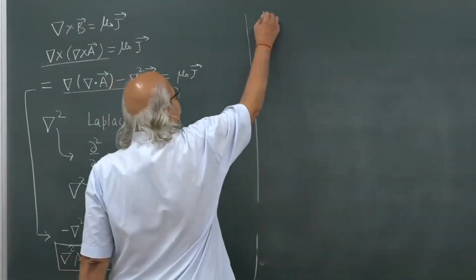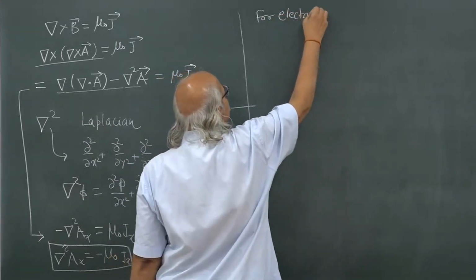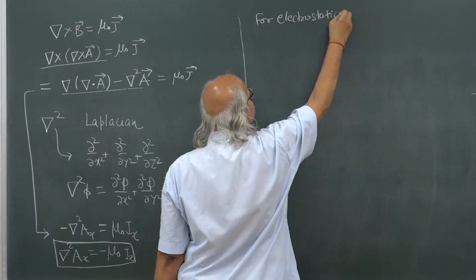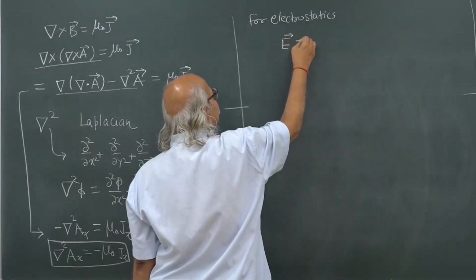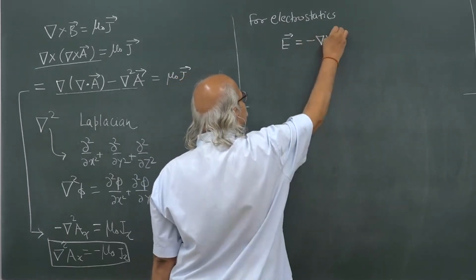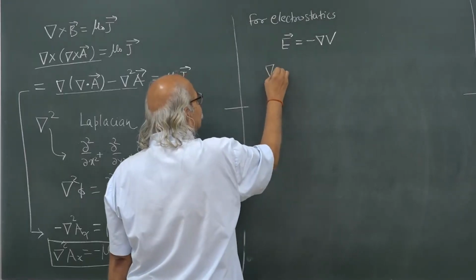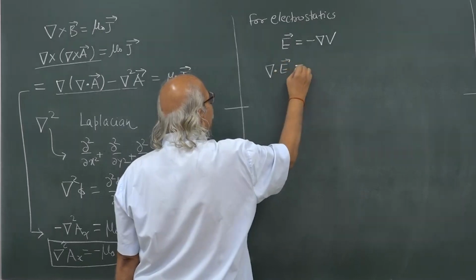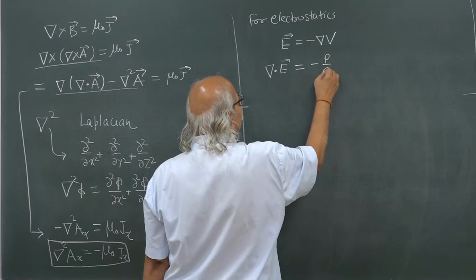For electrostatics, E is written as minus gradient of the potential function, and if you write divergence of E, that is equal to rho over epsilon naught.